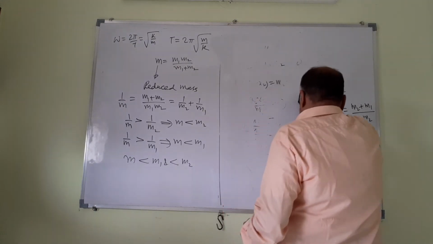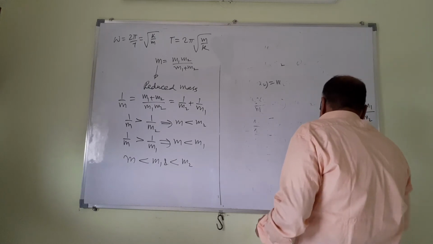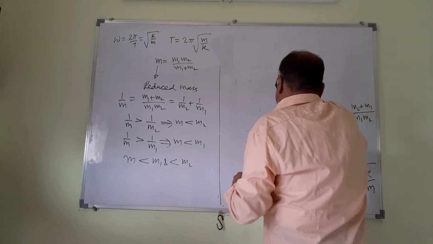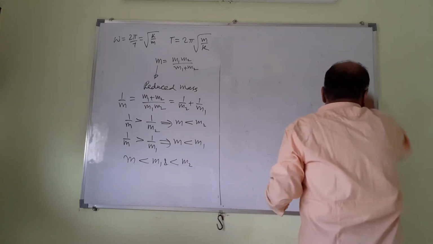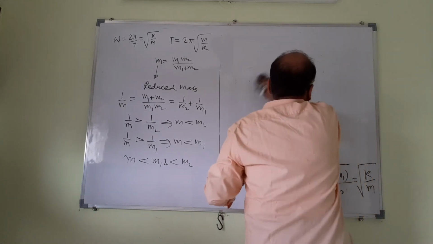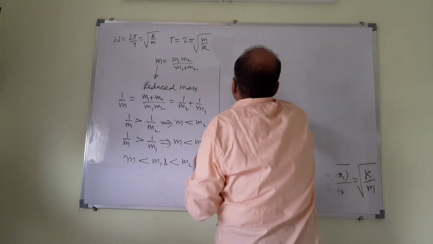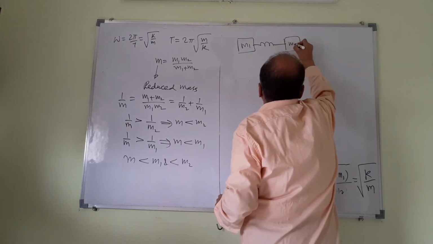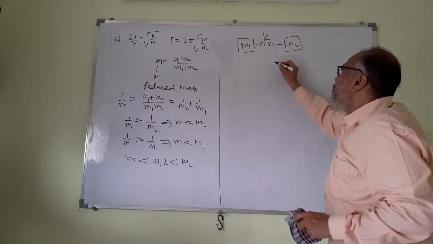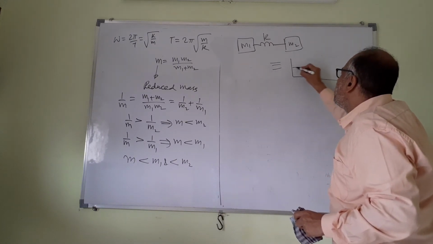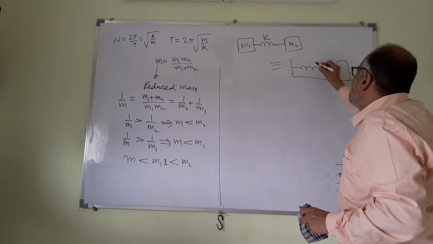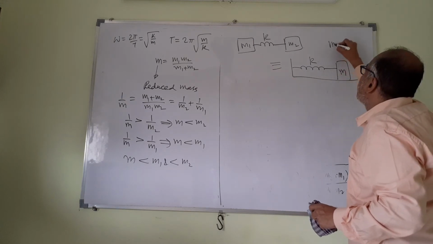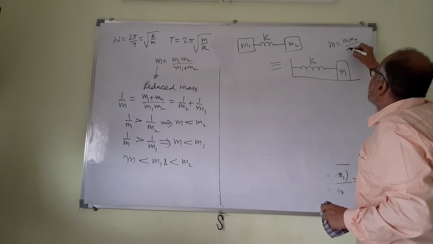Before that, let us see how the system of two masses m1 and m2 connected by a spring is equivalent to a single mass connected to the same spring constant, single mass m connected to the spring constant, where m is m1 m2 by m1 plus m2.